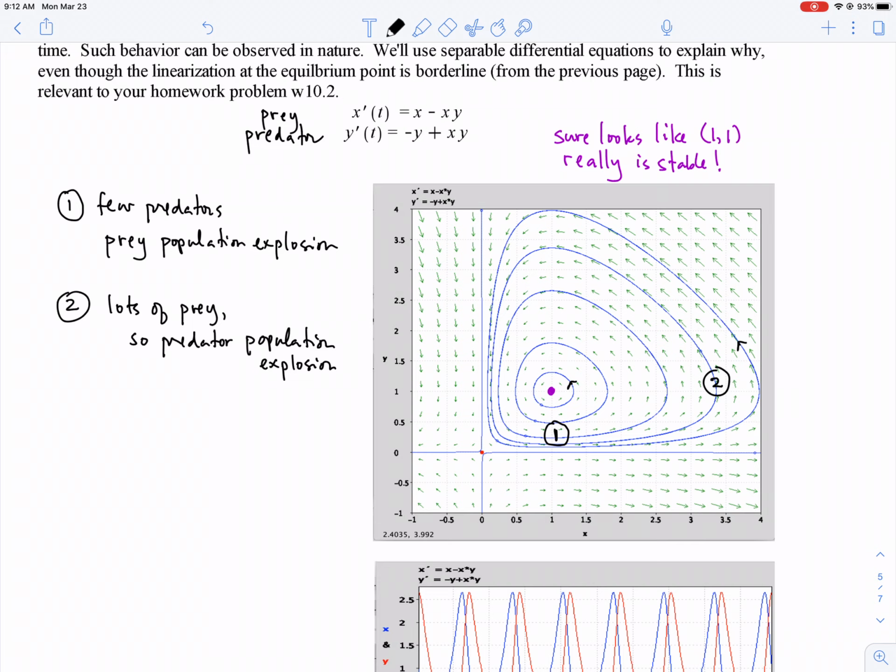And then later on, after a while, the predator population is not going up so much, but the prey is getting eaten because there's so many predators. Lots of predators eat lots of prey, and so that population decreases.